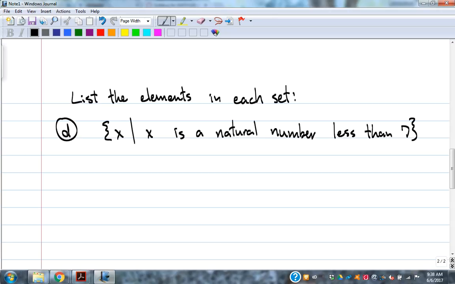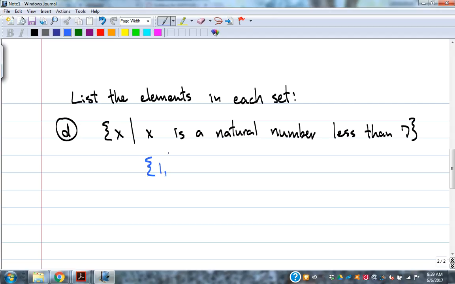Remember, the natural numbers are just the numbers we learned to count on. Nothing more than that. So if we're looking for the natural numbers that are less than 7, does that include 7? No. If it's less than 7, it can't include 7. So when we write the actual list of the numbers in that set, we're looking at, well, what numbers are less than 7?